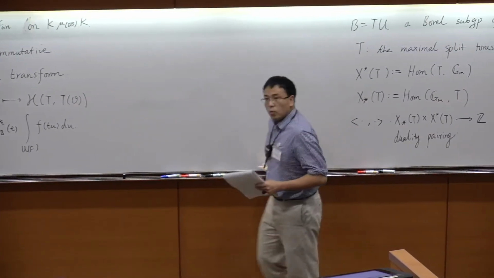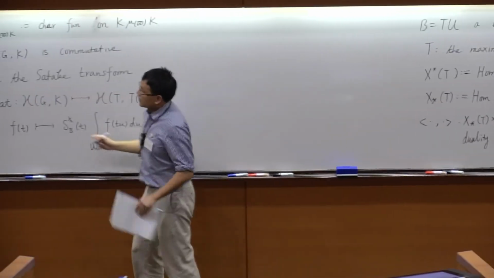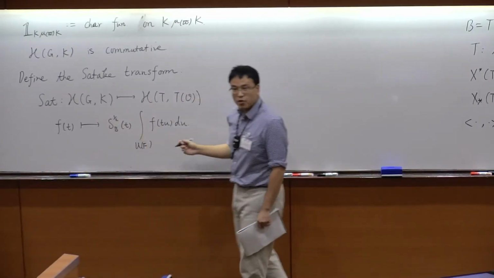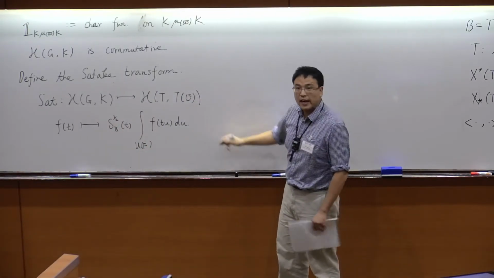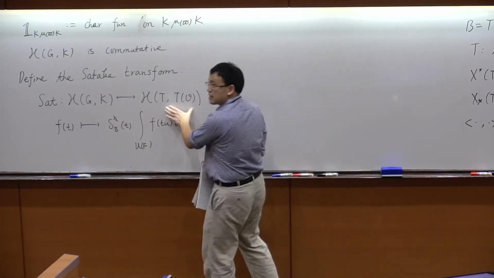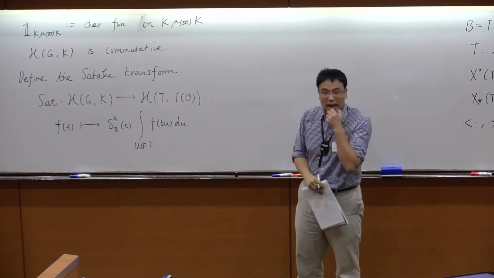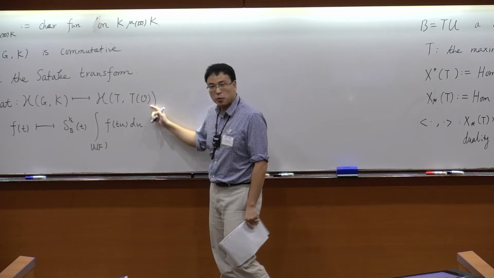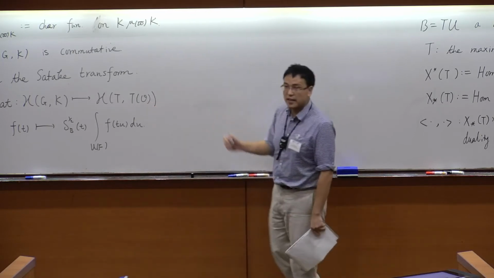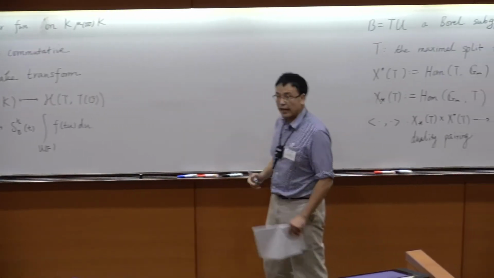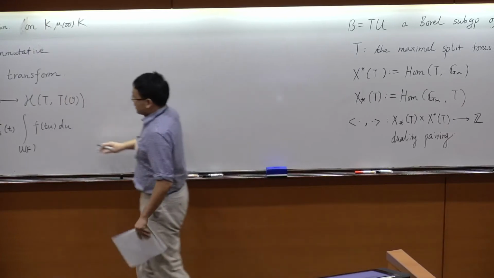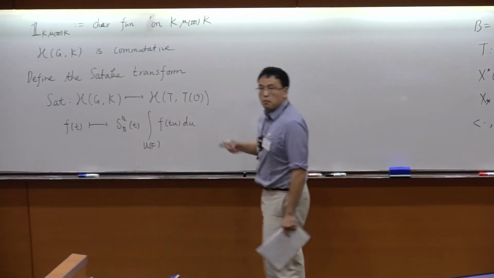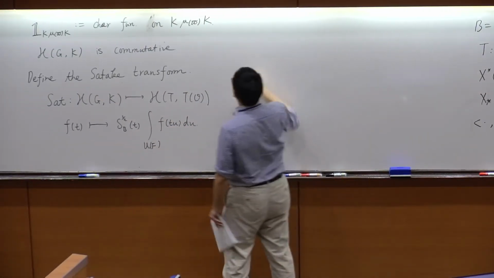We take a K-bi-invariant function and integrate over the unipotent part, and this gives us a function in the Hecke algebra over T. The maximal compact group we take here is T_O, which is the intersection with K. And here delta_B is the modulus character for the Borel.